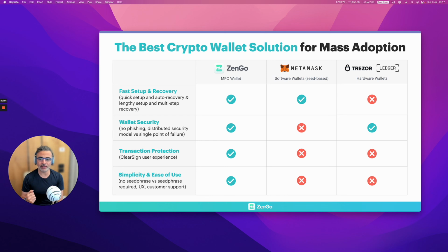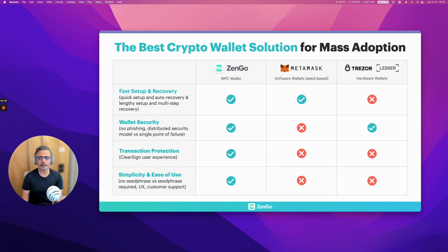ZenGo has fast and easy setup and recovery, very strong wallet security, which is resistant to phishing, thanks to the MPC no-seed-phrase and no-private-key model, which is not something that you can find on other wallets. It now has transaction protection because of ClearSign and all the things that we're going to add starting from now.